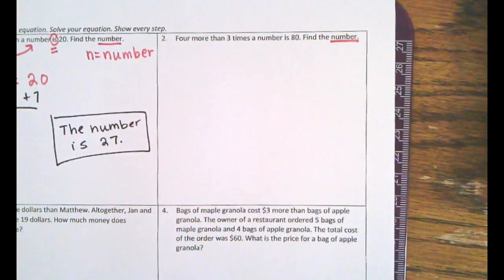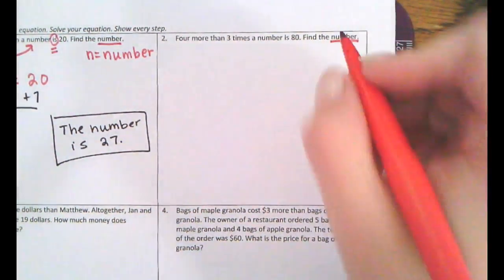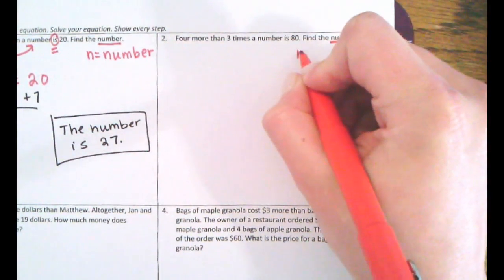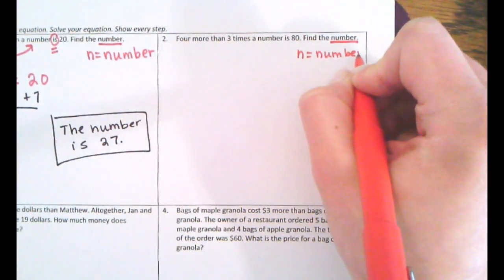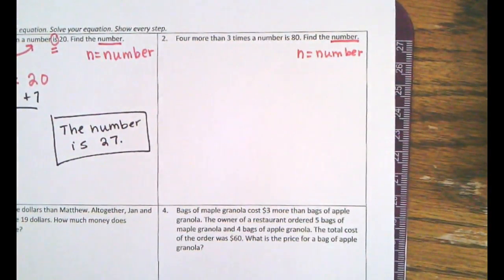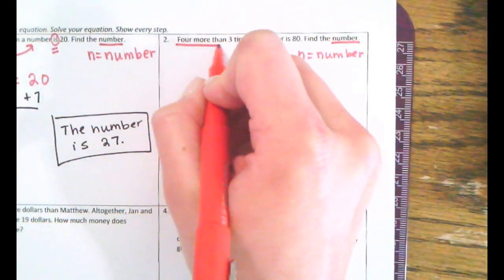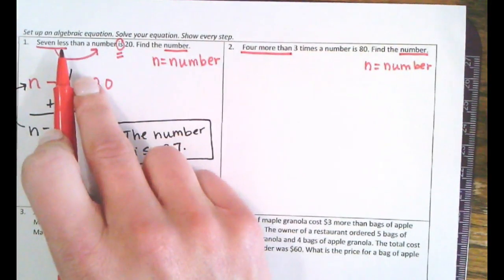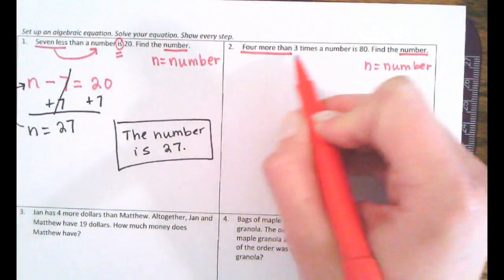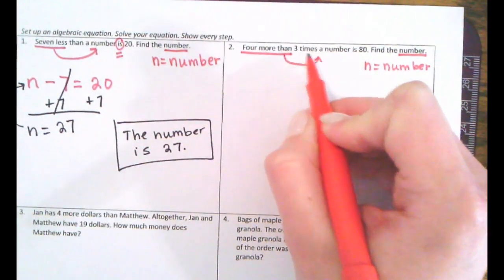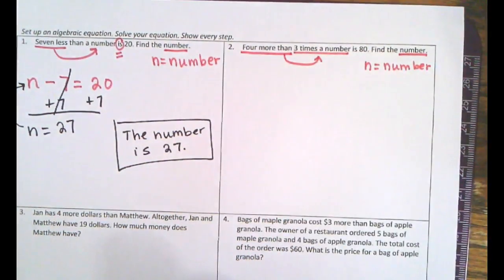The same thing applies here. You can use any letter you want, but when I'm just finding a number, I like to use n or even x sometimes. So I'm going to set n to be my number again. And now I have 4 more than, just like our 7 less than, but this one is actually going to be adding. So 4 more than 3 times a number.